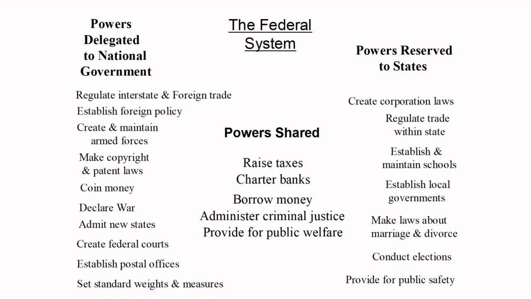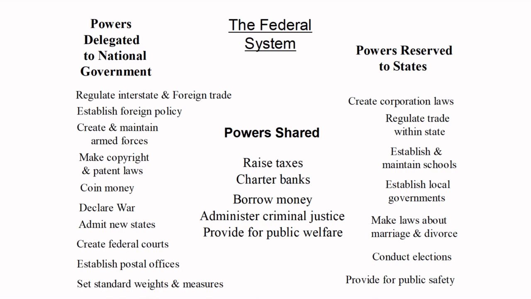The powers reserved to the states include the regulation of corporations, the regulation of trade within the state, which is called intrastate commerce, the ability to establish and maintain schools, the regulation of local governments and municipalities, laws about family structure, including marriage and divorce, the power to conduct state elections, and the general power to provide for public safety and welfare.